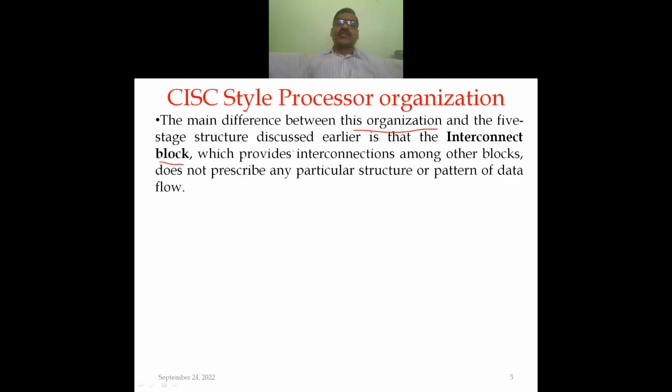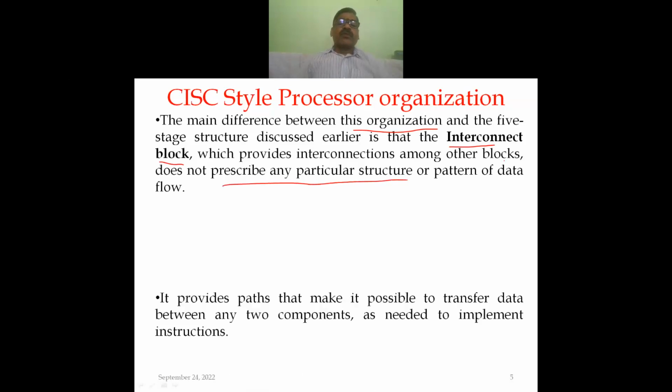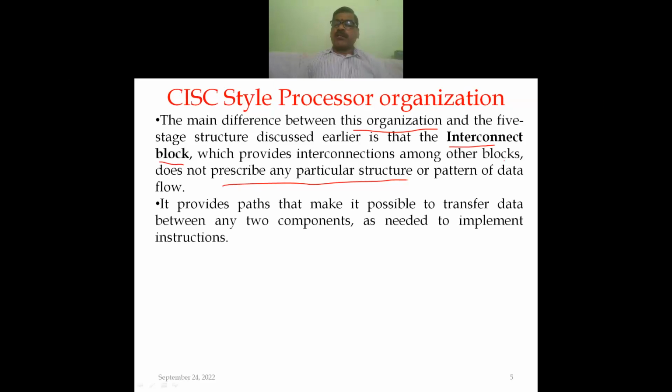The interconnect block provides the interconnections among the other blocks and does not prescribe any particular structure or pattern of data flow. It provides paths that make it possible to transfer data between any two components as needed to implement instructions.